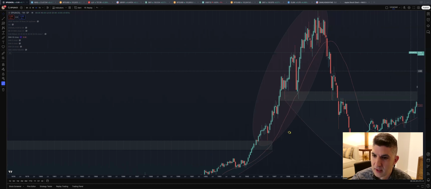But that's still 70%, potentially 75, 80% S&P denominated in M2. So I don't know what to say. This is what the setup is presenting, how it's presenting right now, looking very constructive.